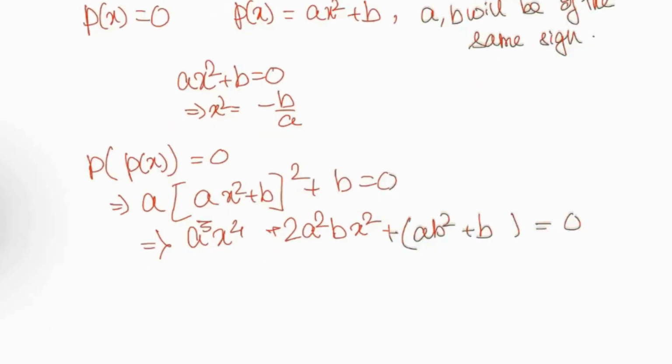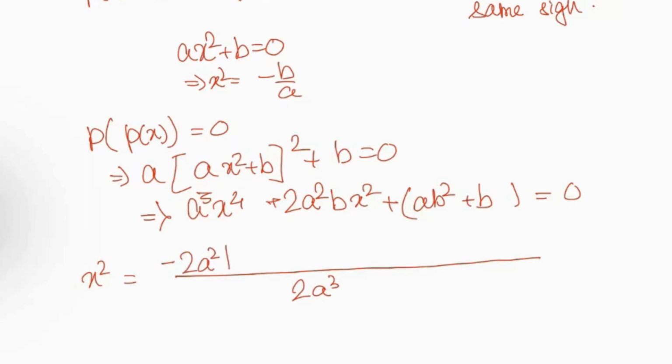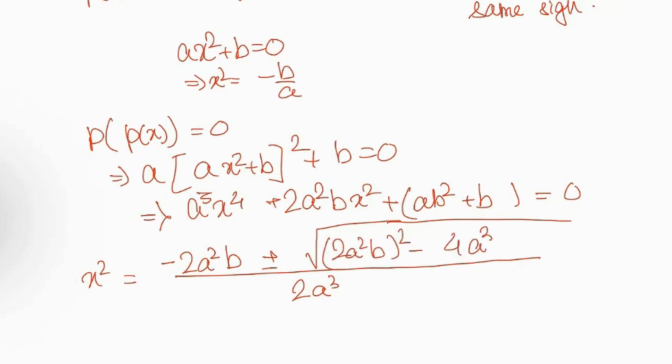Now let us try to find the solution for x square. The denominator will be twice a cube. The numerator will be minus 2a square b plus minus square root of (2a square b) whole square minus 4a cube into (ab square plus b).